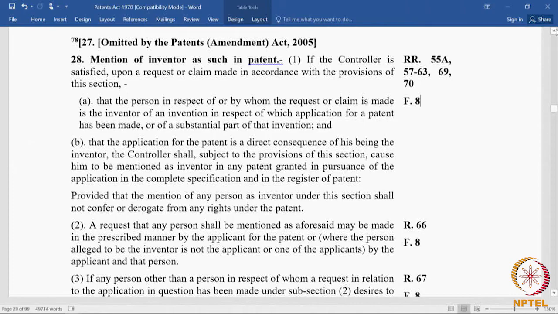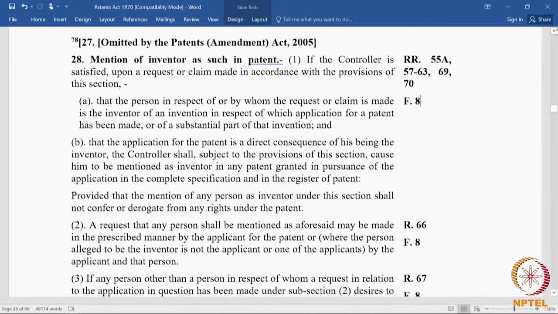So, the claim or the request could be to state that an inventor is the inventor of an invention as a whole, or he is the inventor of a substantial part of an invention, and B.